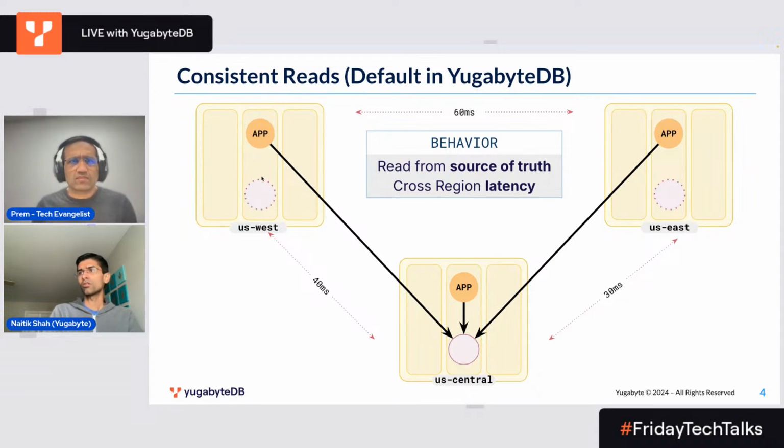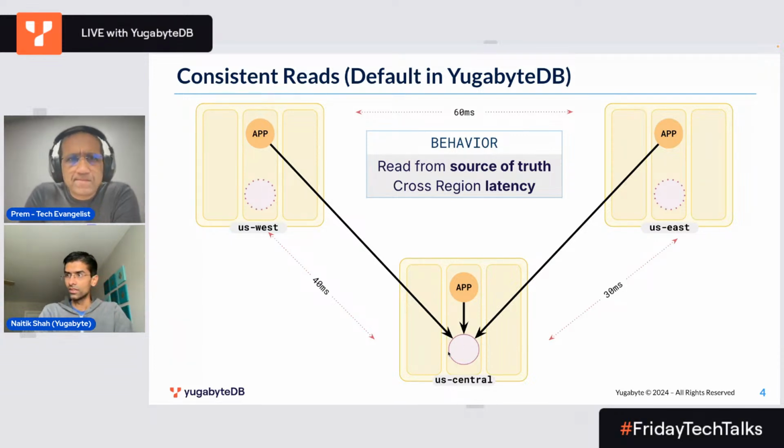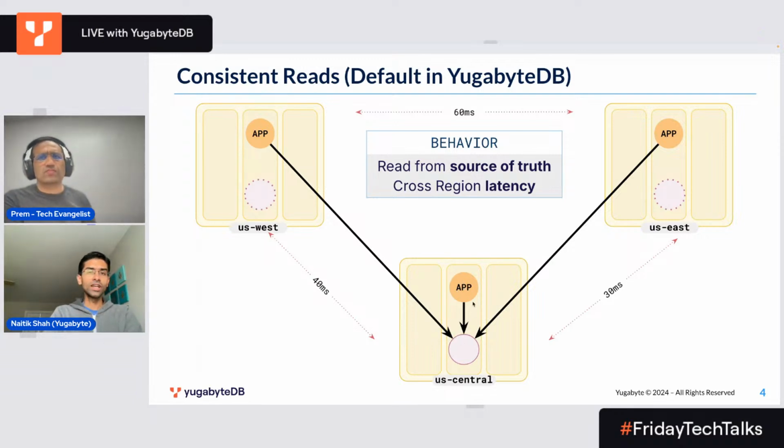The pink or red circles that you see here are the database nodes. The app is trying to get the data, and the default behavior for both reads and writes in Yugabyte is being consistent. So when the app tries to read, it reads from the tablet leader. And the tablet leader here is in Central, so the app in US Central is able to read that locally.